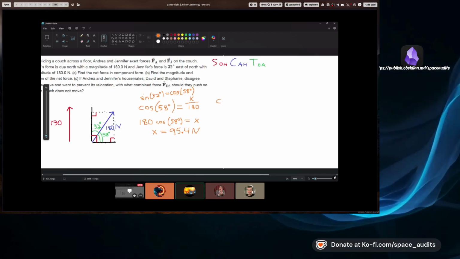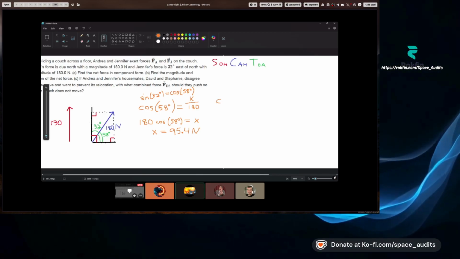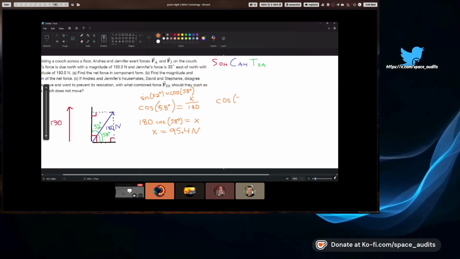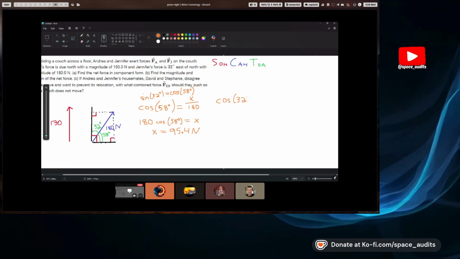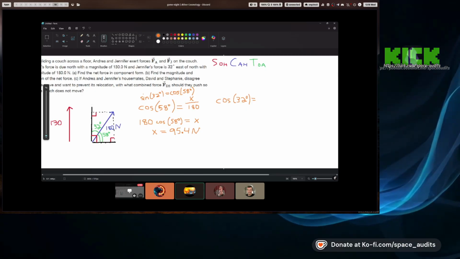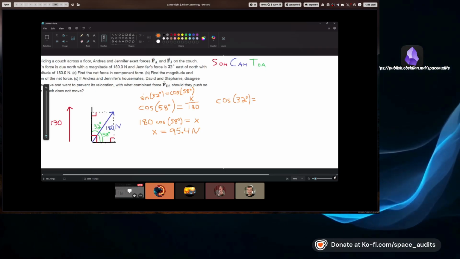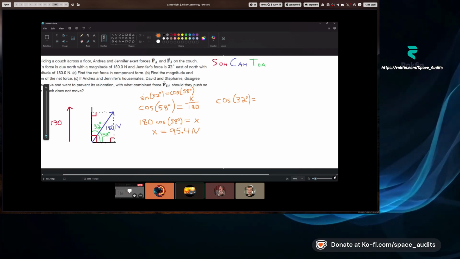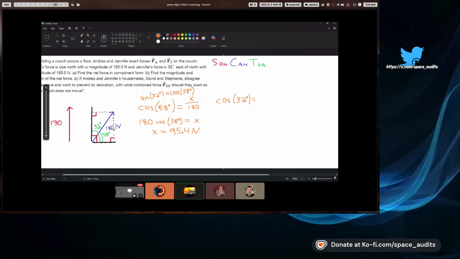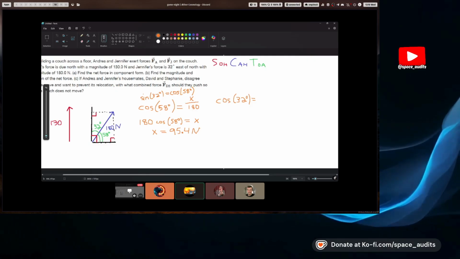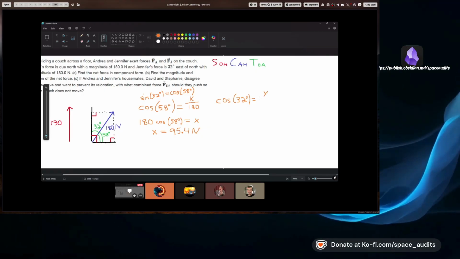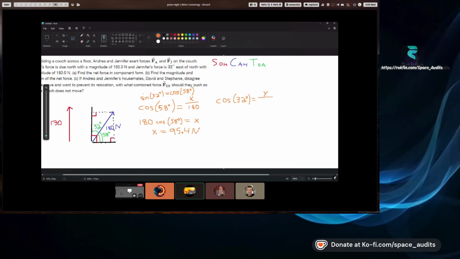Okay. So we'll use the upper triangle and say cosine 32 degrees is equal to adjacent over hypotenuse. SOHCAHTOA: cosine equals adjacent over hypotenuse. So adjacent is y over 180.